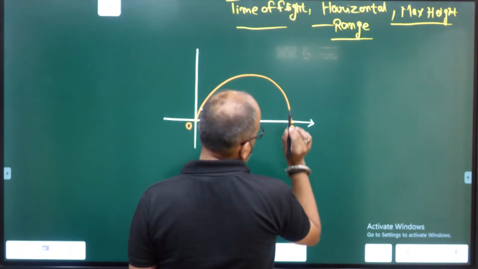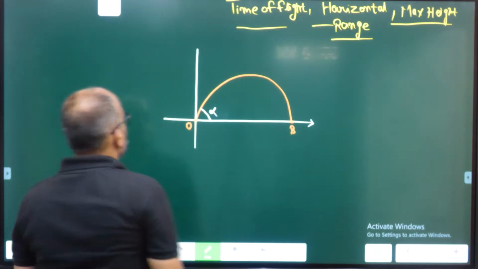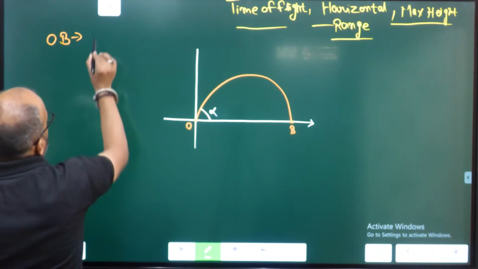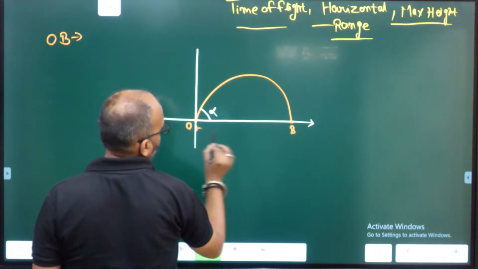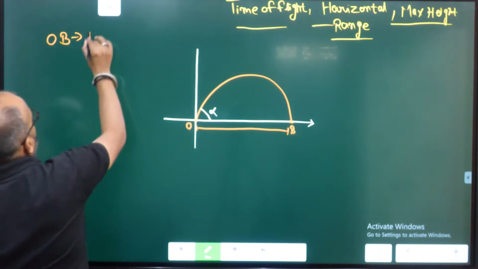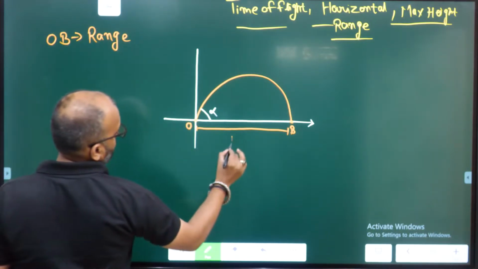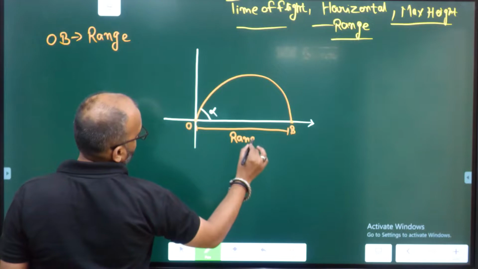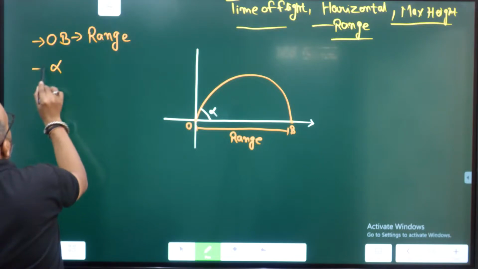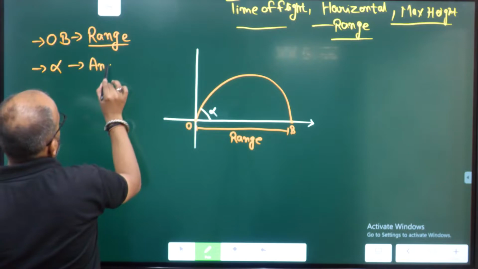Let us call this point B. So this distance OB is called the range of the projectile. Alpha is known as angle of projection.